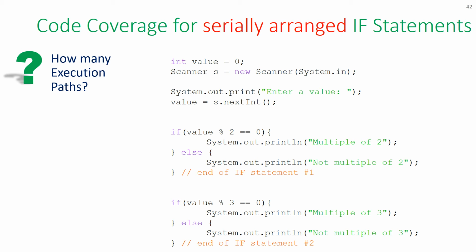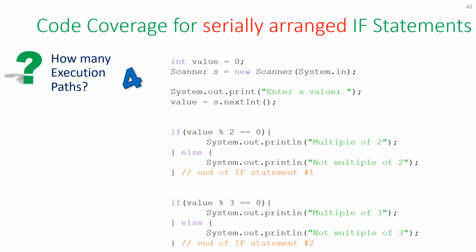4? How many? 4. Many of you are converging toward 4. Yes, that's 4. How do we count them? We count them by looking at how many different ways the code can execute. So I can come here, and this is true. So I execute that, but I don't execute that.